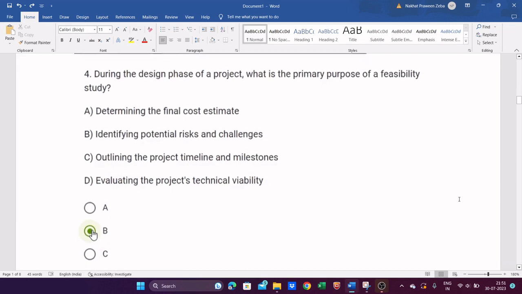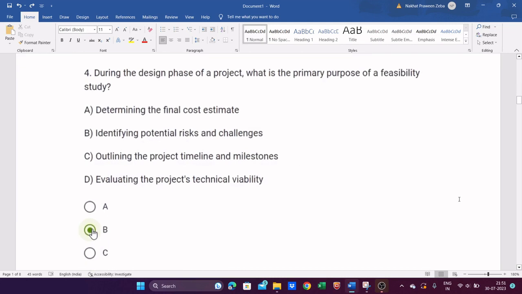Next is, during the design phase of a project. Okay, so this is an SDLC question, software development life cycle. During the design phase of a project, what is the primary purpose of a feasibility study? You need to check from the given options which is the most suitable one, because a feasibility study means overall everything, all the aspects of the project, including technical, economic, financial, legal, environmental.